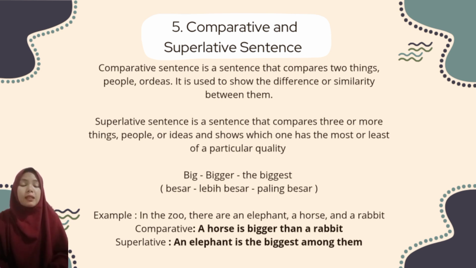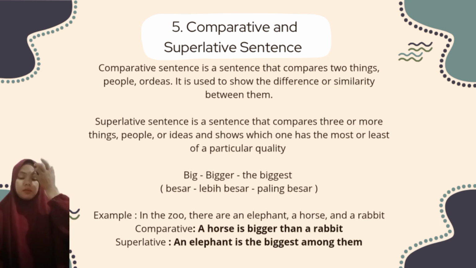Next, a superlative sentence is a sentence that compares 3 or more things, people, or ideas, and shows which one has the most or least of a particular quality. The word big becomes bigger in a comparative sentence, and the word big becomes the biggest in a superlative sentence.